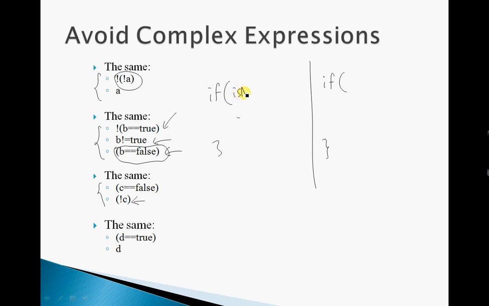If isMale equals false versus if not isMale. Look at this. I want to go into the if block if the person is a female.